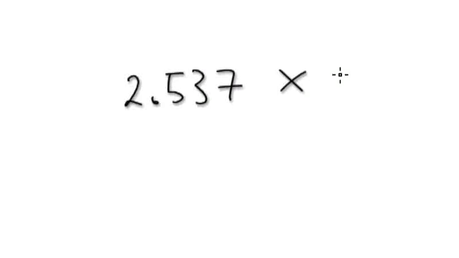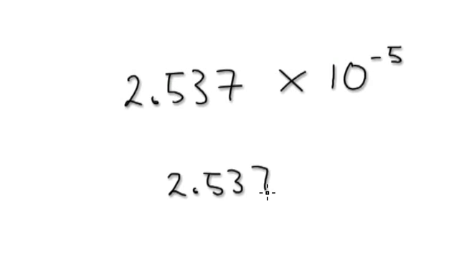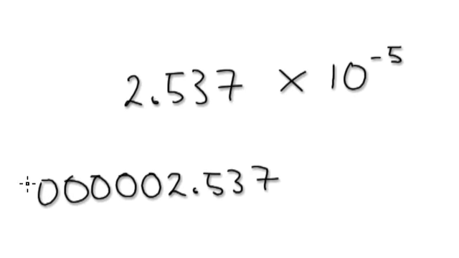If you have something like 2.537 times 10 to the power of minus 5, we visualize this as 2.537. I'm allowed to do this, just bear with me. I can have as many zeros as I want.